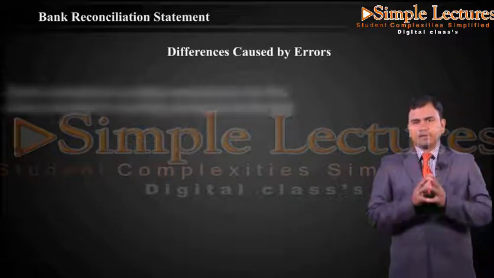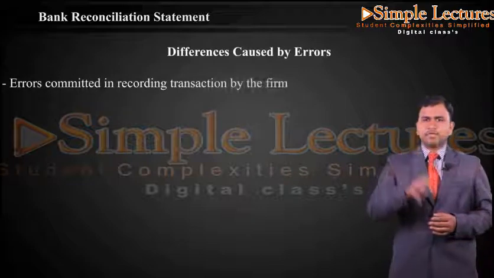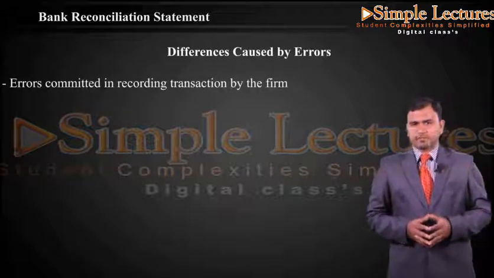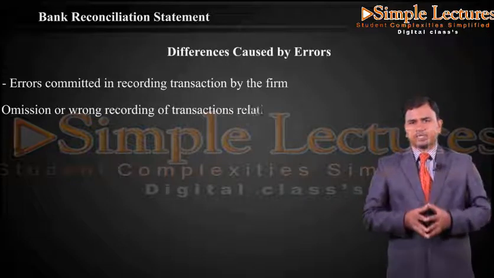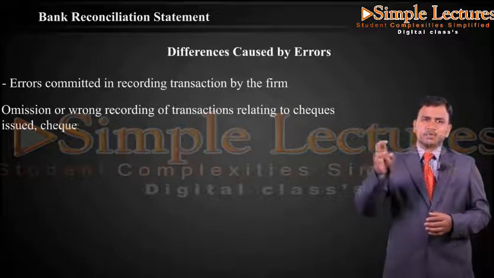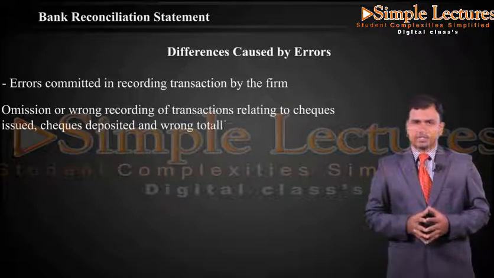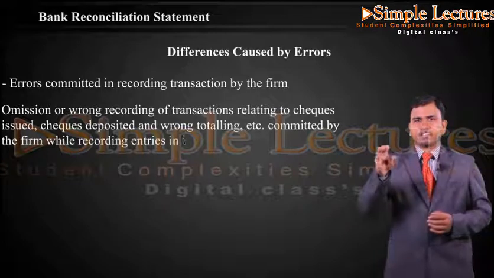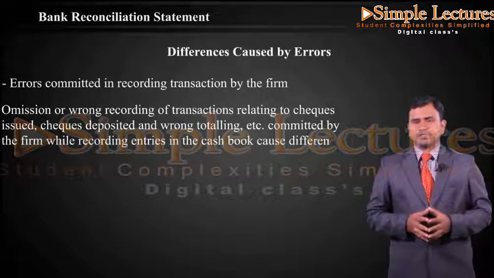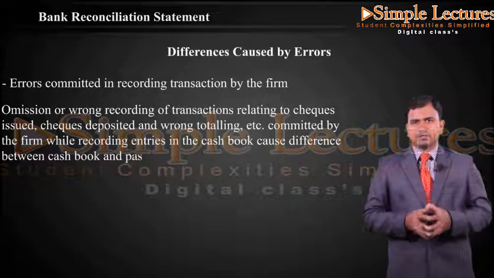Now coming to the first point, errors committed in recording transactions by the firm. Omission or wrong recording of transactions relating to checks issued or checks deposited and wrong totaling, etc. committed by the firm while recording entries in the cash book cause a difference between the cash book and the passbook.